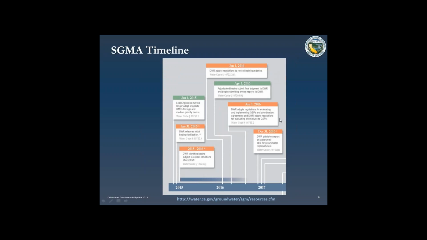Shortly after that, we have regulations for how we're going to evaluate the groundwater sustainability plans or alternative plans. And a little bit later in the same year, we have to publish a report on the water available for groundwater replenishment. So as you can see, we're pretty busy for the next few years.